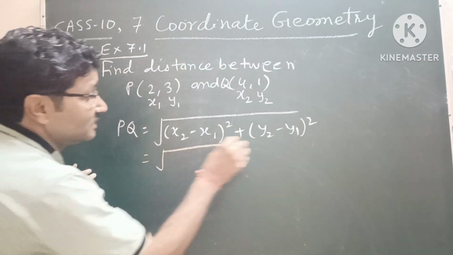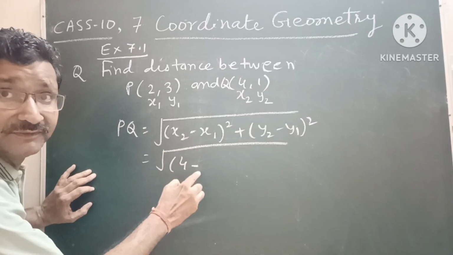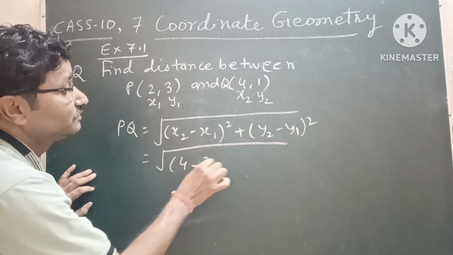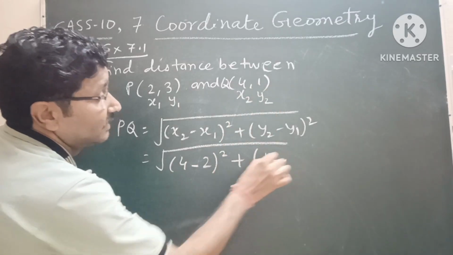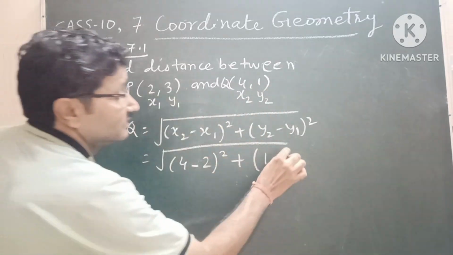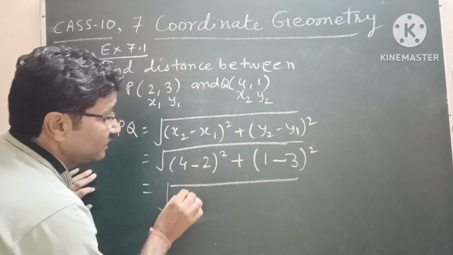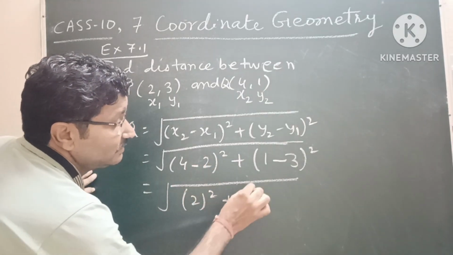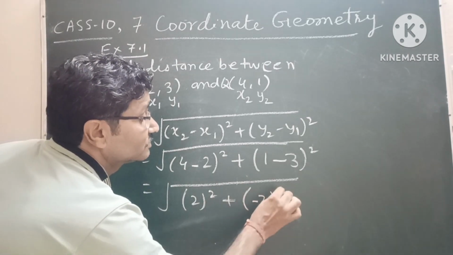Now x2 is 4 minus x1 which is 2, whole square, plus y2 which is 1 minus y1 which is 3. Now look here, 4 minus 2 is 2 and 1 minus 3 is minus 2, whole square.